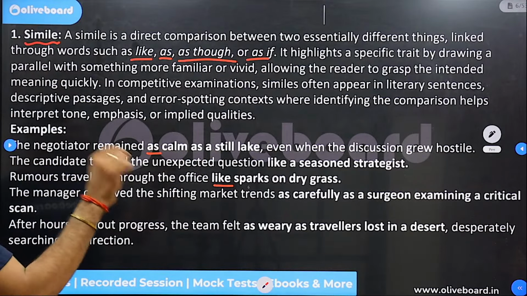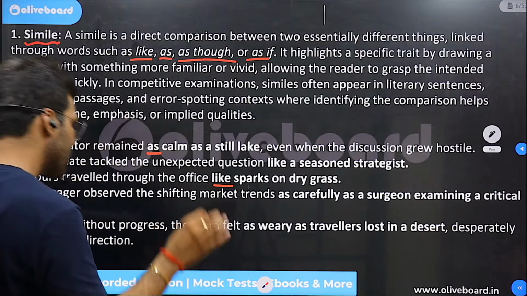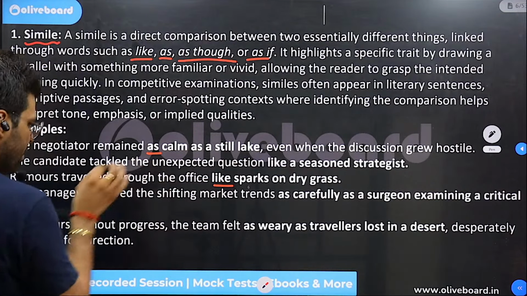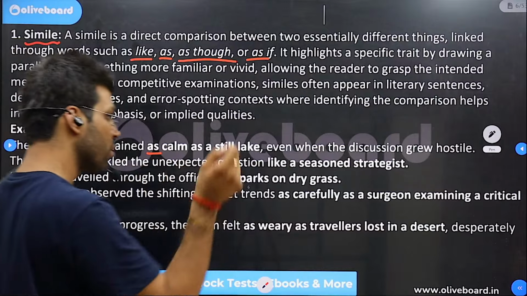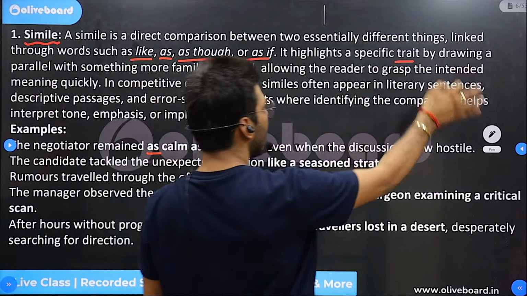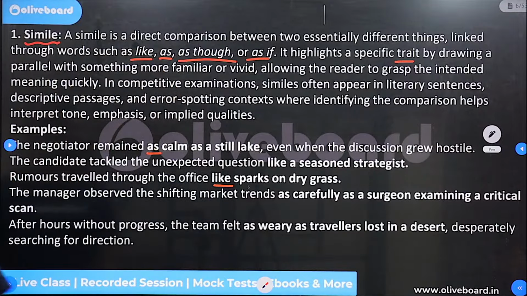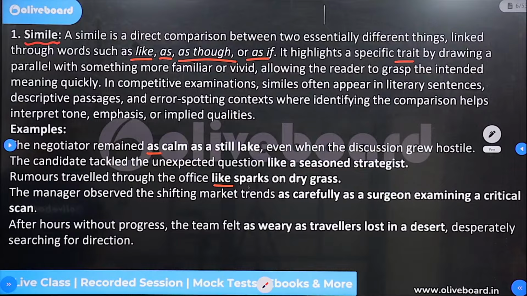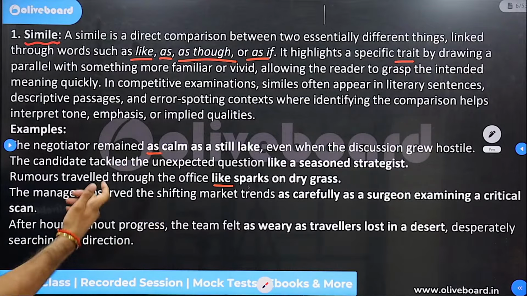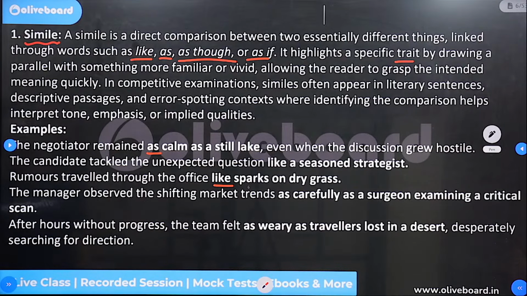It highlights a particular trait. What is trait? A special quality associated with someone or something. A special quality, one of those one-words asked in examinations, associated with someone or something by drawing a parallel with something more familiar or vivid, allowing the reader to grasp the intended meaning quickly, or exaggerating it. In examinations, similes often appear in literary sentences, descriptive passages, and RCs these days.